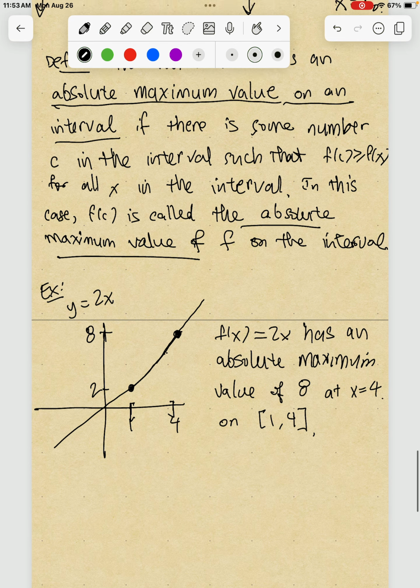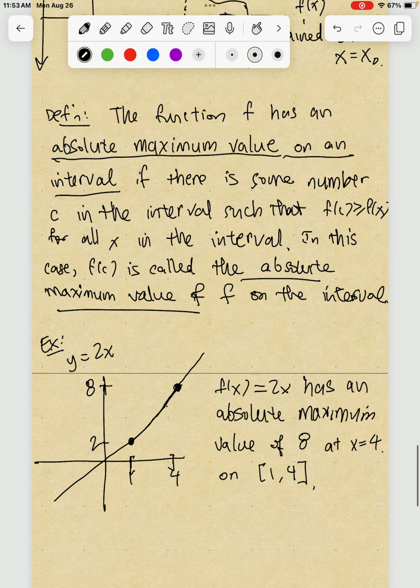And actually, there's a concept of absolute minimum value, as you might expect. So instead of rewriting the definition all out, I'll just say that if you wanted the absolute minimum value, that's when f of c is less than or equal to f of x for all x. So an absolute minimum value on an interval is attained at a number c if the y value at c is less than or equal to all the other y values in the interval.